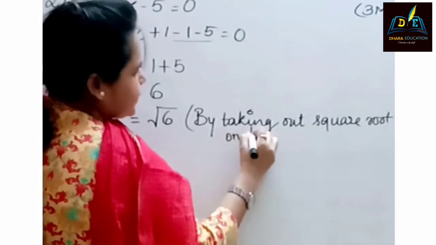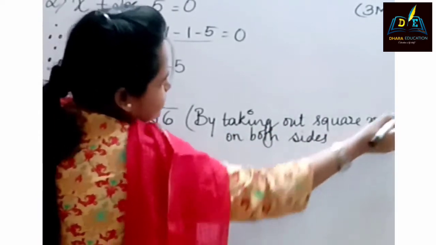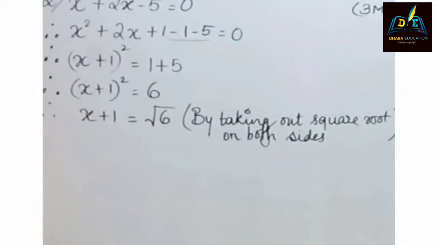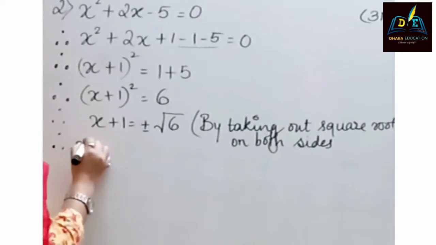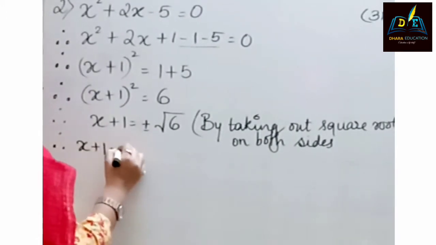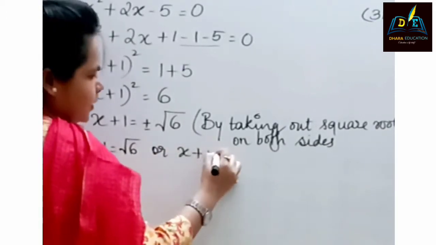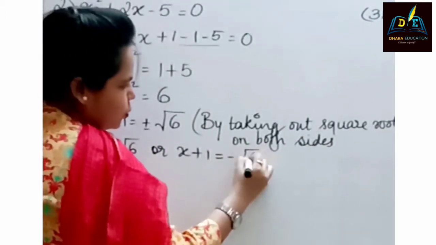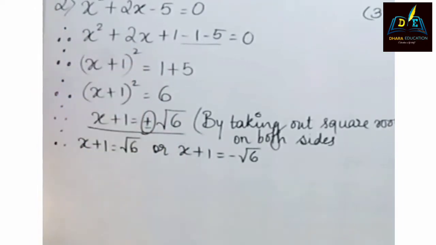So now the next step will be x plus 1 is equal to root 6 or x plus 1 is equal to minus root 6, as we have implied this particular sign.